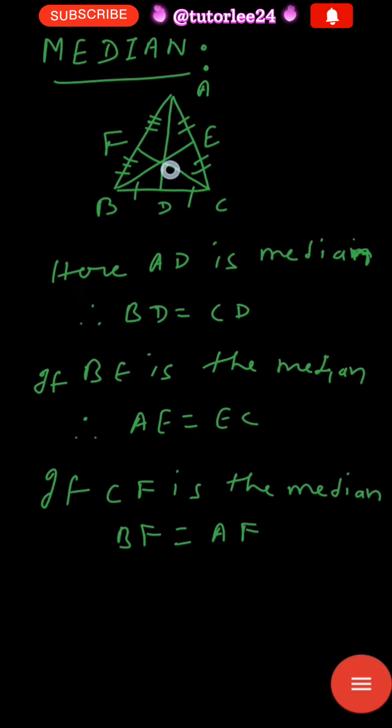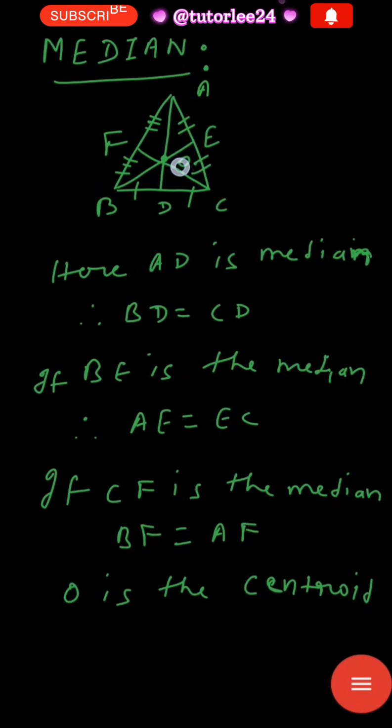One more thing here: the point where all these three lines intersect, suppose this is the point, we give it the name O. This point O, where all three medians intersect each other, is called the centroid. So O is the centroid.